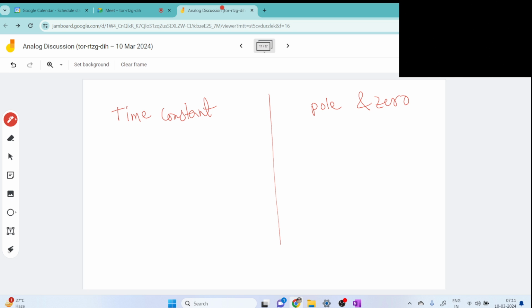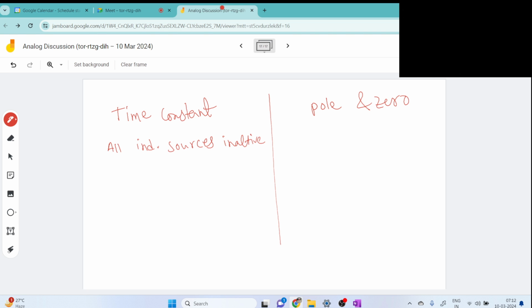To find the time constant, intuitively we make all the independent sources inactive. We are not going to write KCL and KVL and then find the Laplace equation to comment on the time constant. We are going fully on intuition.